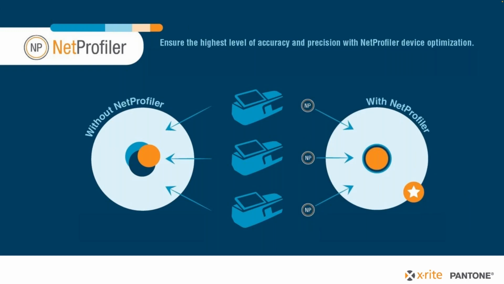But using Netprofiler, these devices can be aligned, providing consistency across their devices within different plants or even across the globe. Next, we will be stepping through a demo for the online workflow.